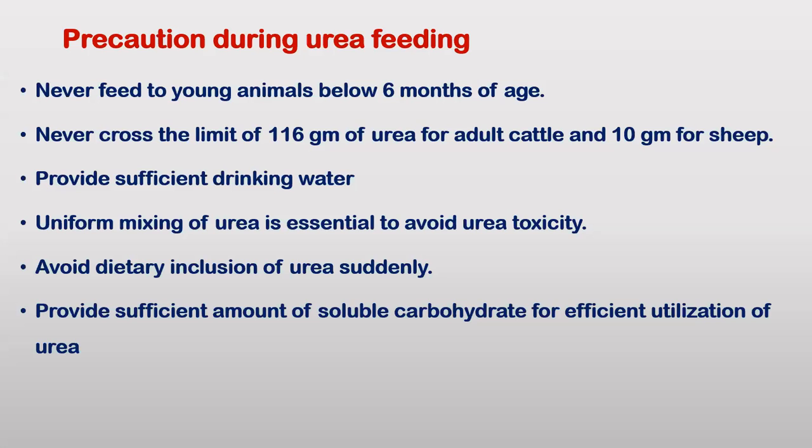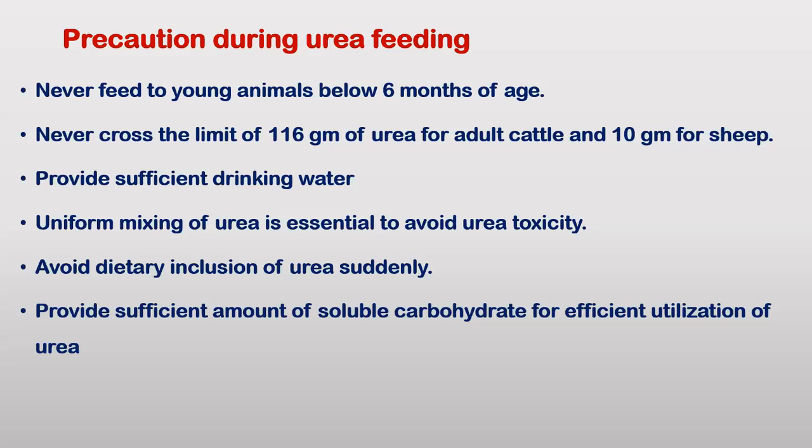Uniform mixing of the urea is very much essential to avoid urea toxicity. So sprinkle and mix it properly while treating the straw with urea, and avoid dietary inclusion of the urea certainly. There should not be a sudden change of the diet.